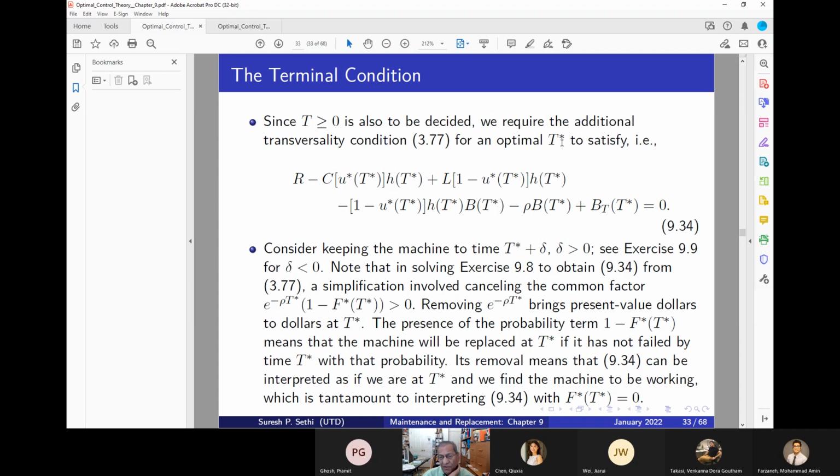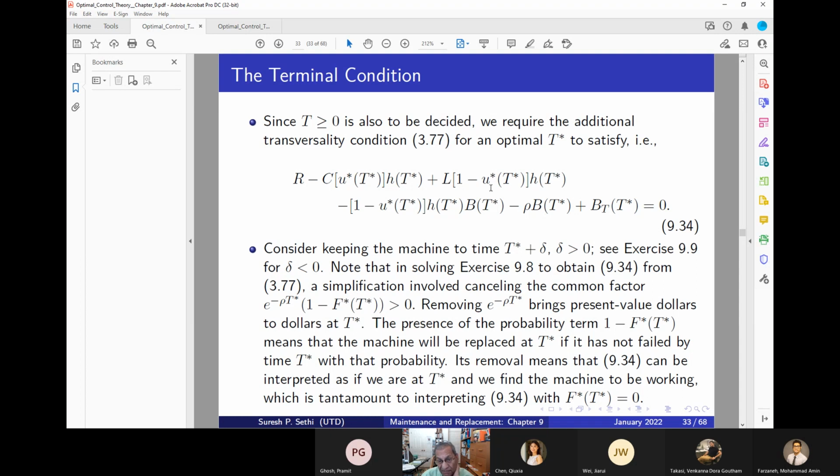Well, try to figure out what happens if I keep the machine for a little bit longer. So let's say I will keep the machine up to T star plus delta. And I have to show you that if I keep the machine to T star plus delta, then my value will decrease. So I cannot keep the machine longer than T star.